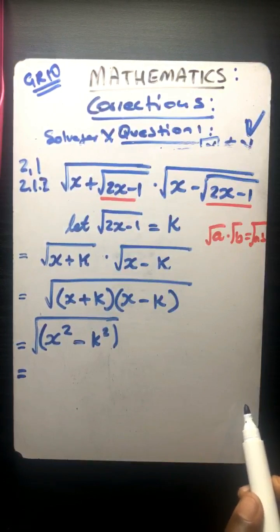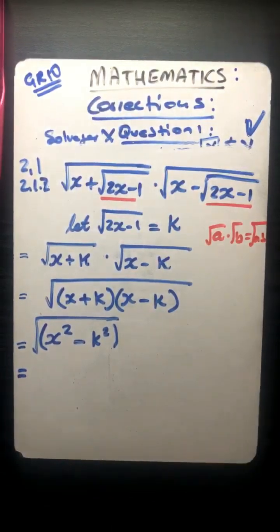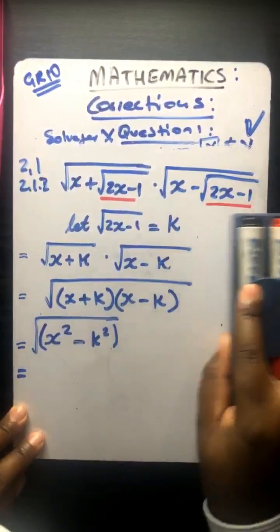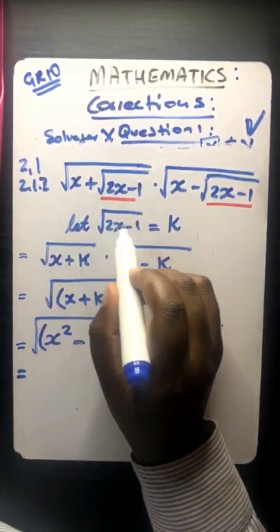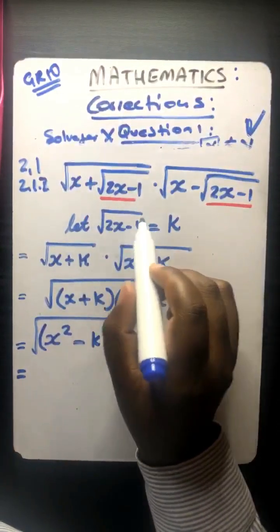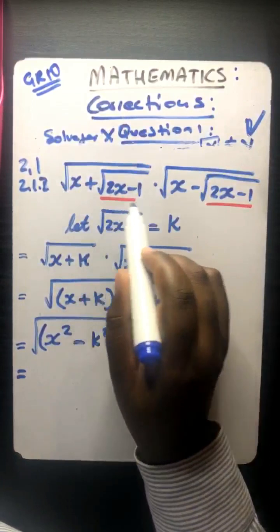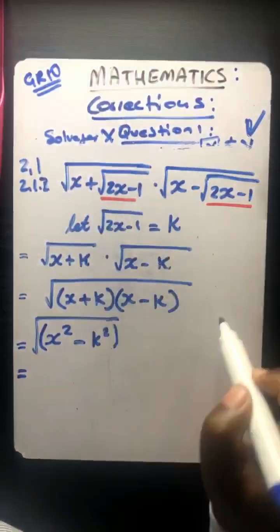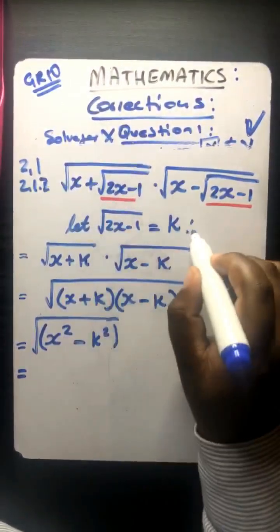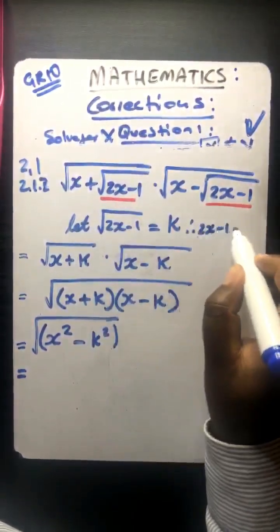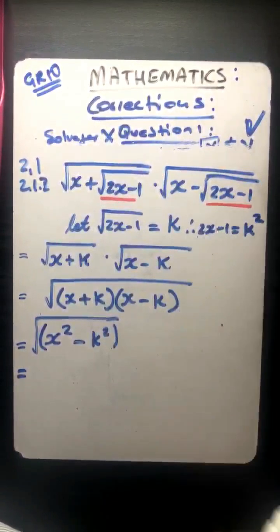But I think now I just noticed something, guys. If we set the square root of 2x minus 1 equal to k, how about we remove that square root? If we remove it, how is that equation going to look? Will it not look like 2x minus 1 is equal to k squared? Why?